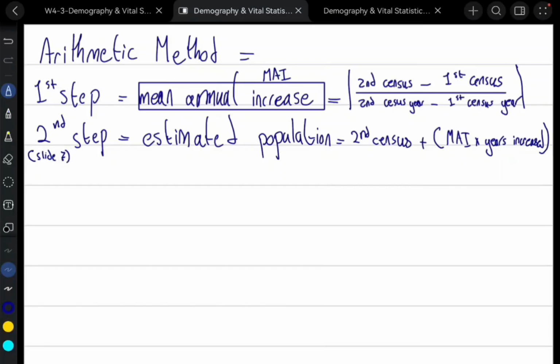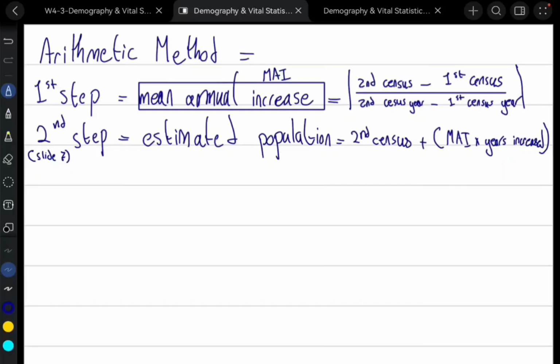Just to revise, we have this arithmetic method. It has two steps. The first step is to calculate the mean annual increase. In this step, we take two census years, for example 1980 and 1970, or 1980 and 1990, whatever two census years. For the first census year, 1970, we had a population of 200,000, and for the second year, 1980, we had 250,000.